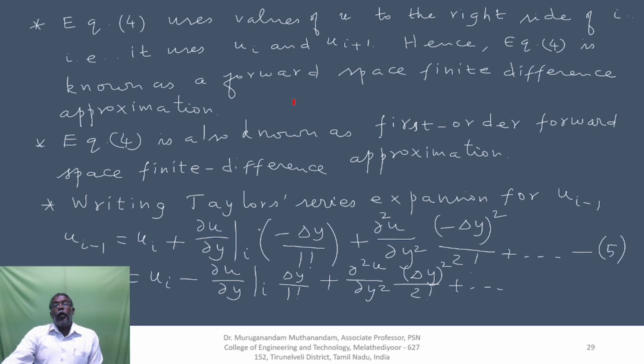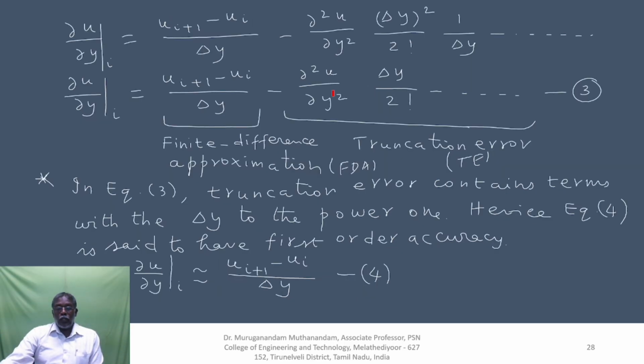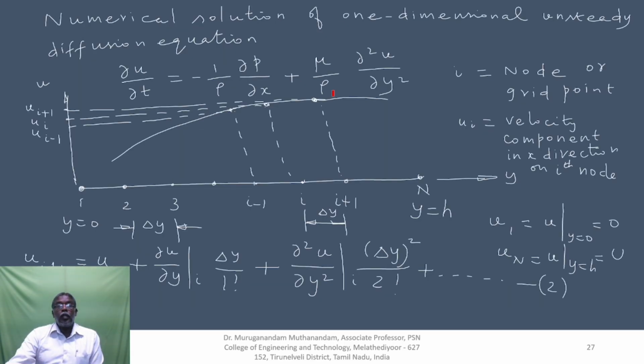Why is it called forward space? With respect to the spatial coordinate, I is the grid point corresponding to the spatial coordinate y. I plus 1 is the grid point corresponding to the spatial coordinate y plus delta y, which is to the right side of the grid point I. That is why it is called forward space.